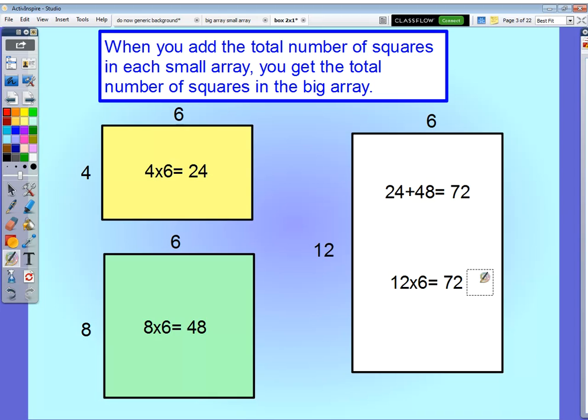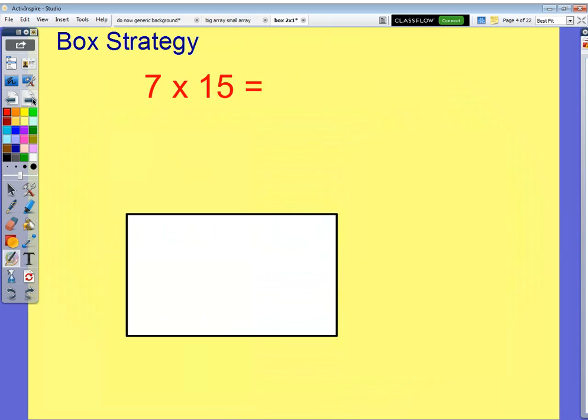So how does that help us with multiplication? Well, here's an example of using the box strategy to solve 7 times 15. Now, I don't know 7 times 15. I haven't memorized that. But I do know 7 times 10, and I know 7 times 5. I split my 15 up into a 10 and a 5.